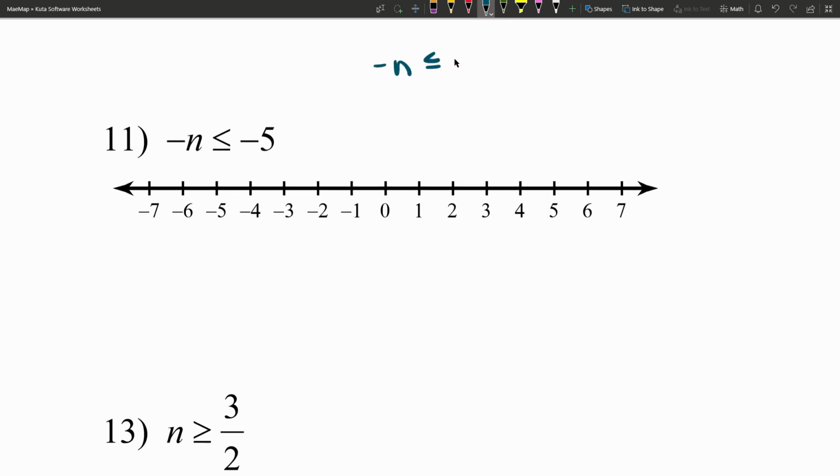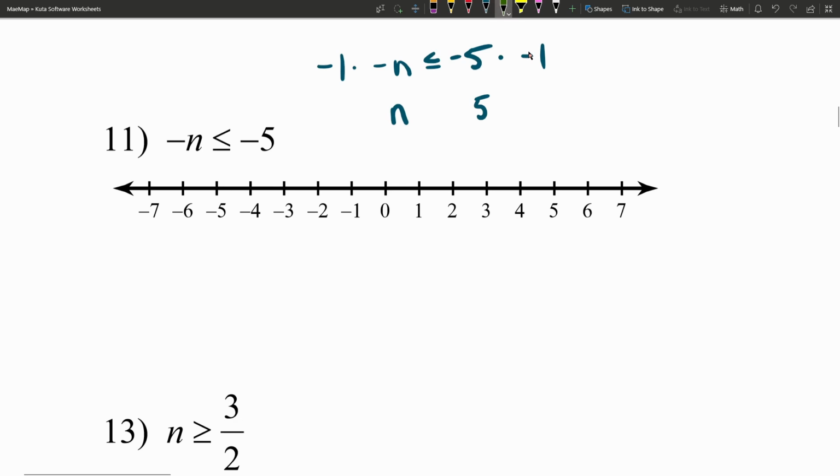Negative n is less than or equal to negative 5. I can divide or multiply by a negative 1. Let's multiply by a negative 1 in this case, since we haven't done so in the previous problems. Multiplying by a negative 1 times negative n gets me a positive n. Negative 5 times negative 1 gives me a positive 5.